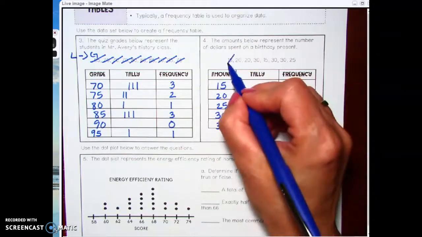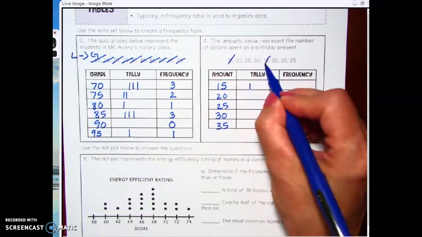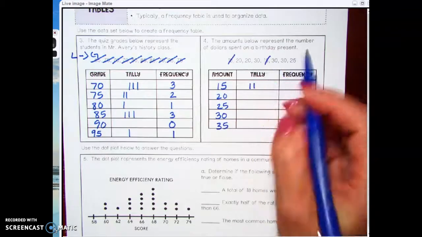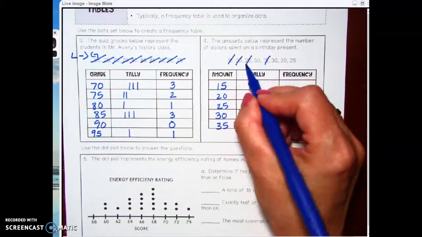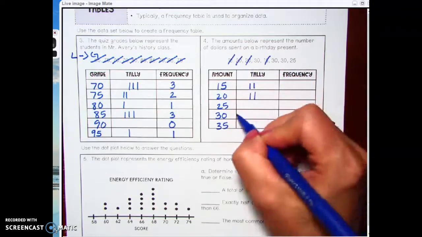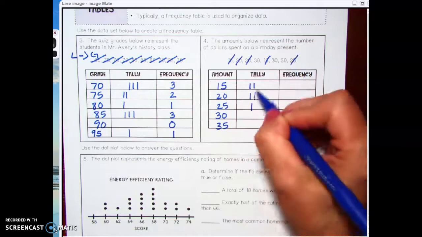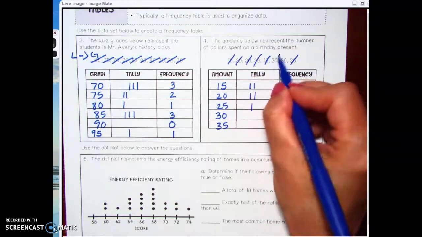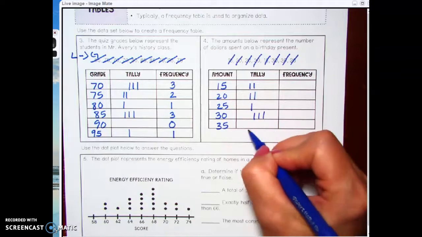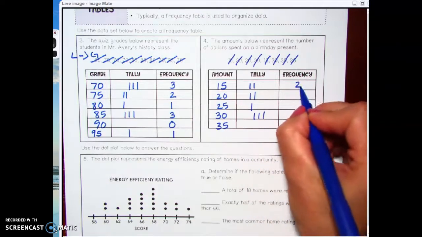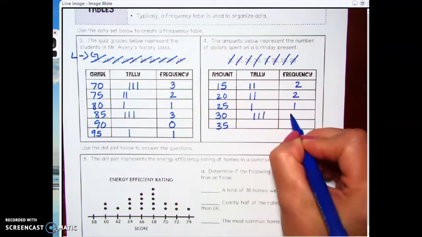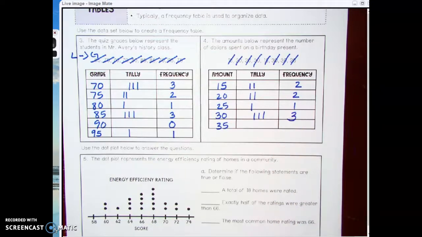So let's tally. There's 1. Oop, there's 2. That's why we tally. And then 20, and then 25, and then 30, and then there's nothing there, and we go ahead and we do our frequency.